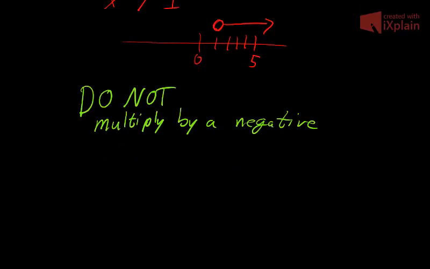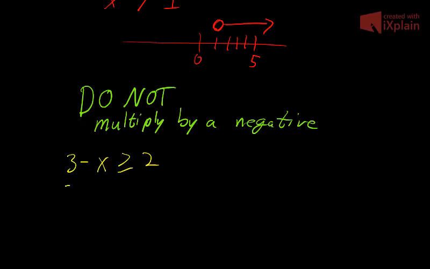So if I have, for example, let's do 3 minus x is going to be greater than or equal to 2. I want to solve this first just by adding and subtracting. So to get this x positive, I'm going to add an x.